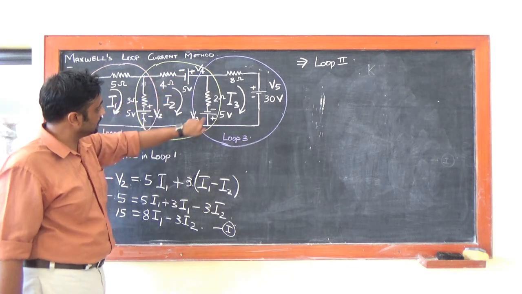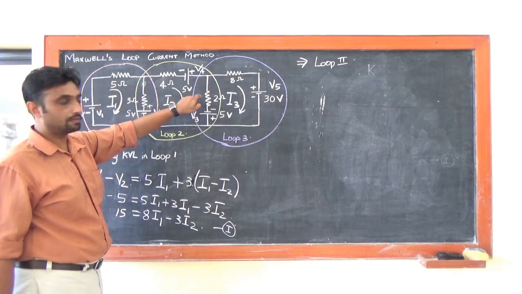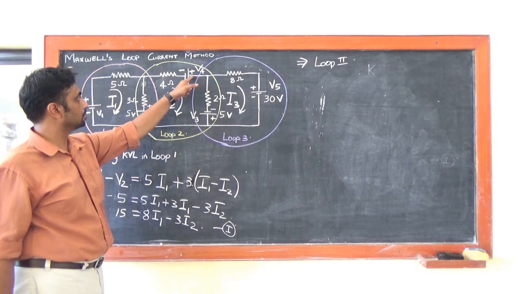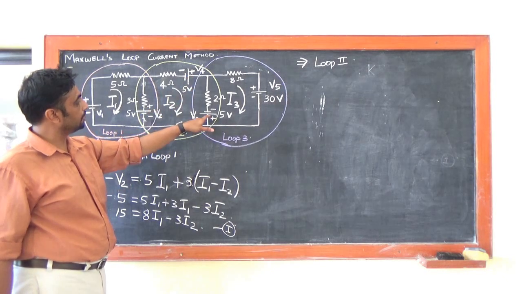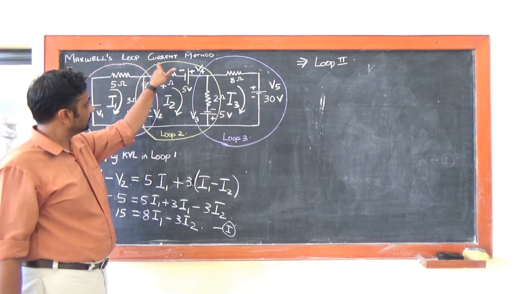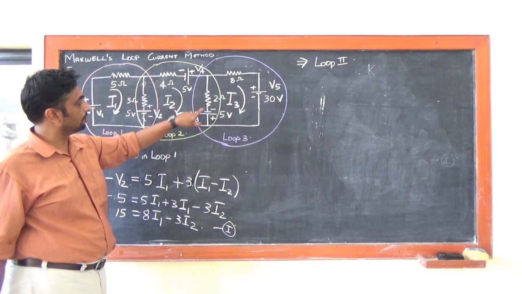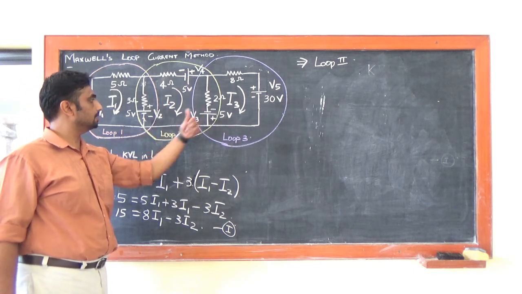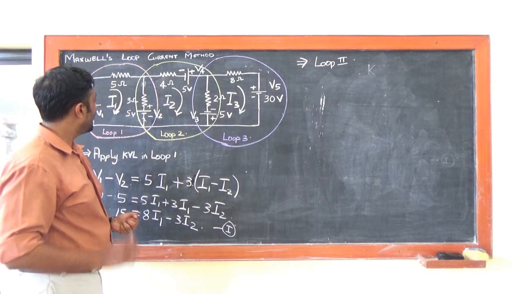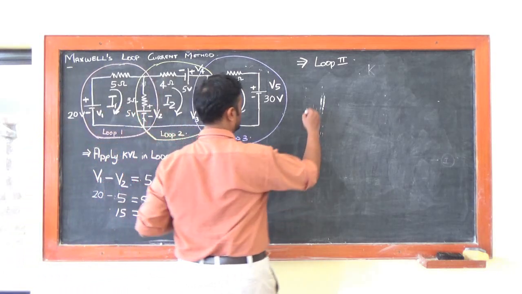So what is the direction? It's clockwise, matching with I2. So this also is addition. What about V3? Positive to negative. Again, it is clockwise, which matches the I2 direction. So all these voltages will be added up.